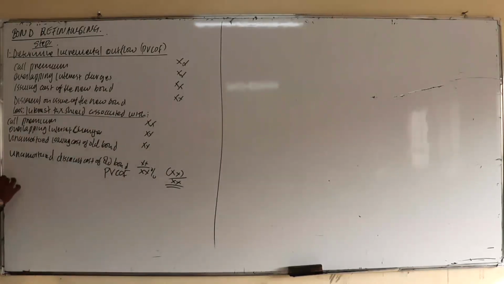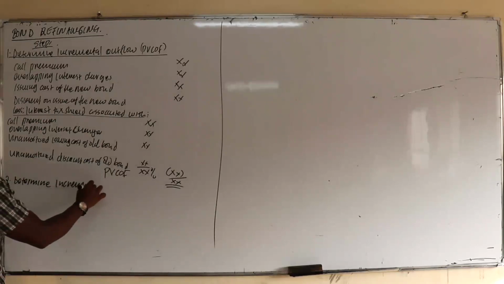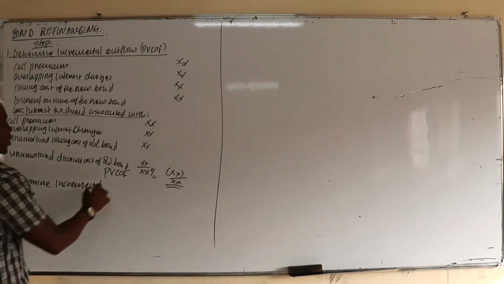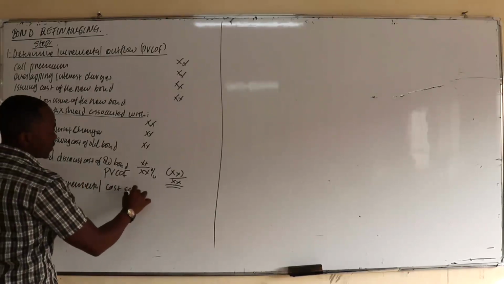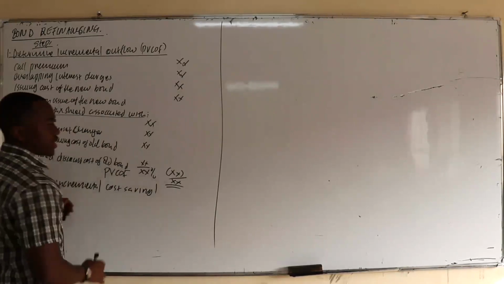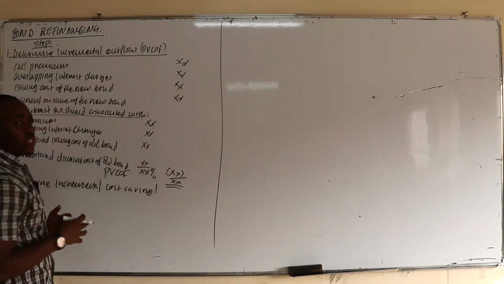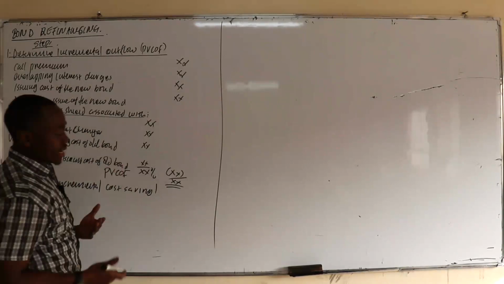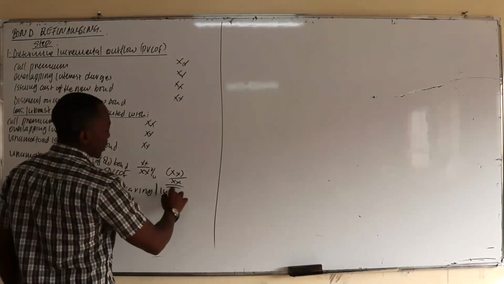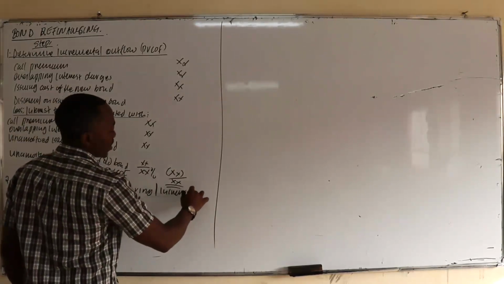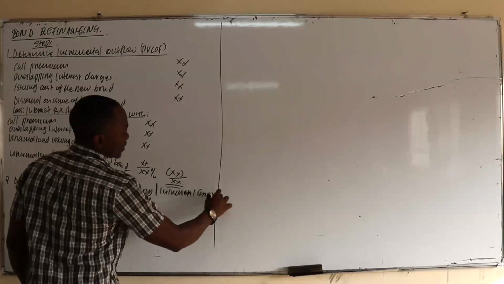Number two, you determine incremental cost saving. And the cost saving in this case, we say that any cost you save, it will reflect to incremental earnings. So that's incremental earnings.